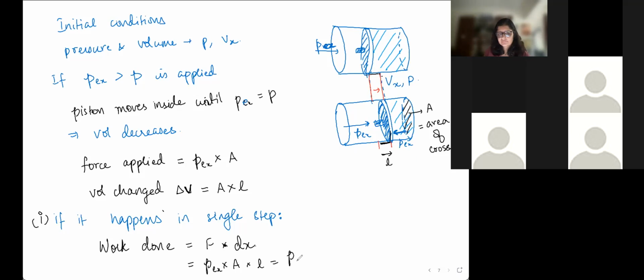Delta of the distance is L, so I can write L as delta V upon A. So A and A will be cancelled. So work done will be equal to the external pressure into delta V, the pressure times final volume minus initial volume.